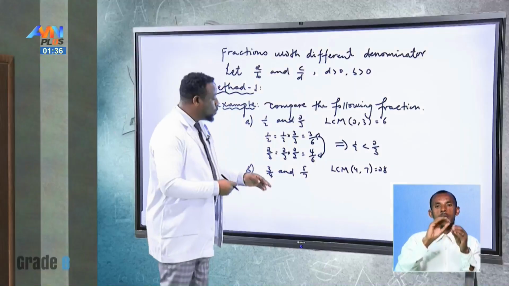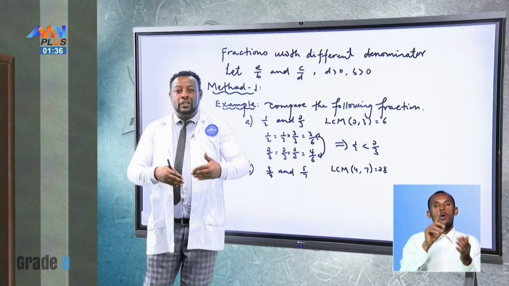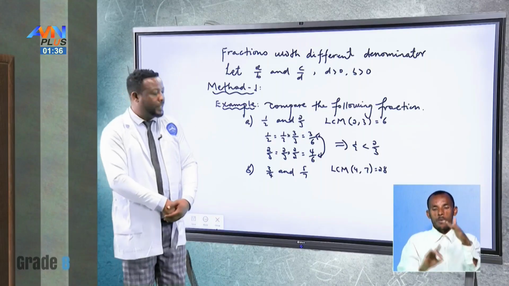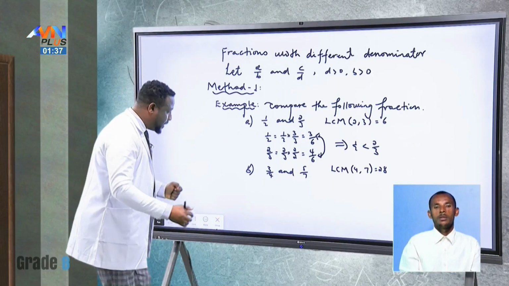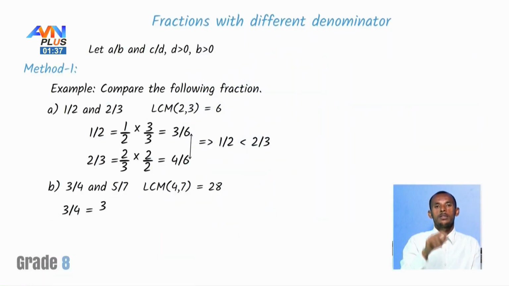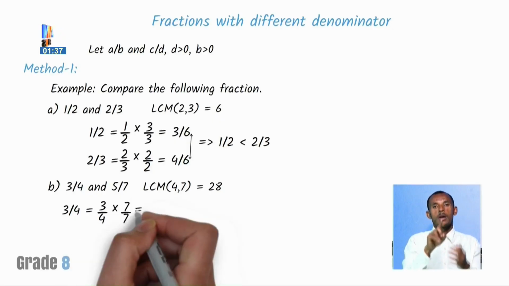So we need to convert these two fractions into their equivalent fractions where the denominator is 28. We do it this way. 3 over 4 can be written as 3 over 4 times 7 over 7. This gives us 21 over 28.